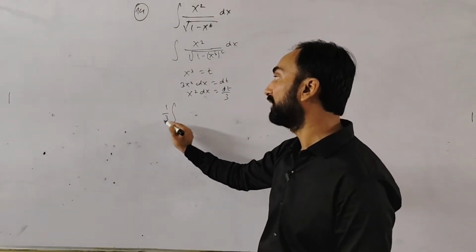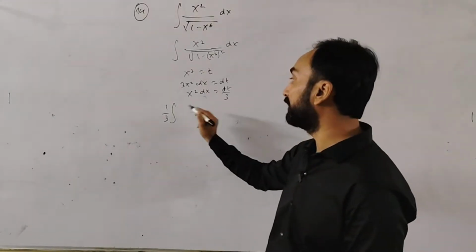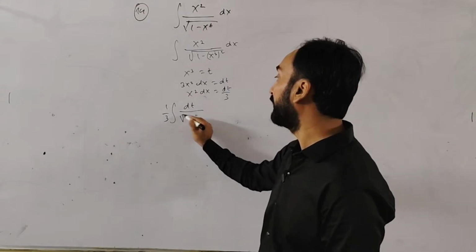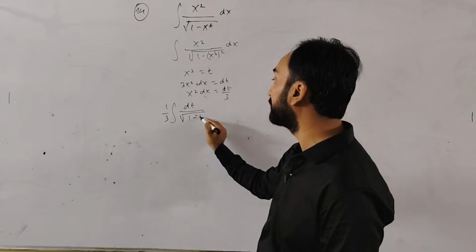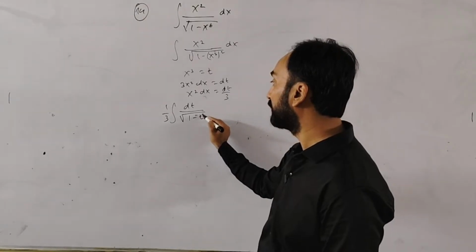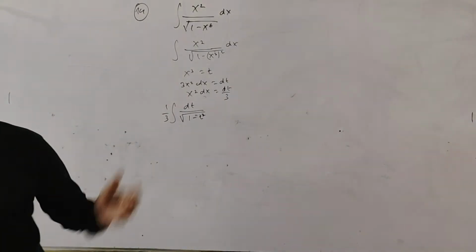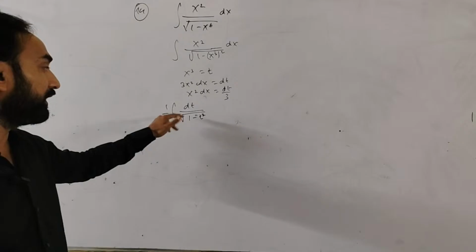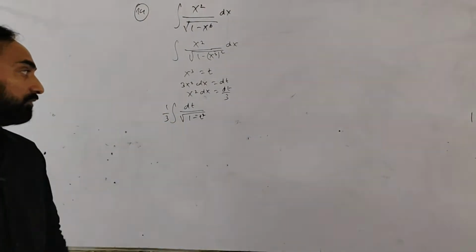Now if I replace all this in the first part, x square dx is equal to dt by 3. So 1 by 3, this constant part has nothing to do with integration, so we write 1 by 3 dt divided by square root of 1 minus, and since I have assumed x cube as t, this will be 1 minus t square, correct? And we know that sine inverse, we have dt upon root of 1 minus t square, and that is nothing but sine inverse of t.